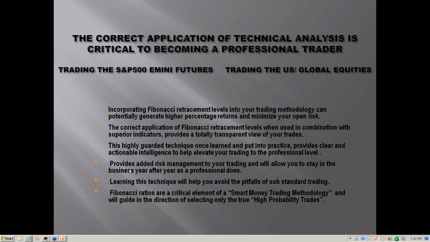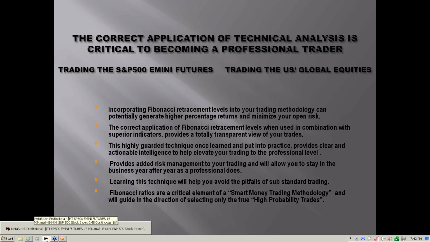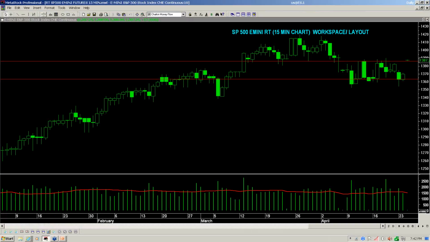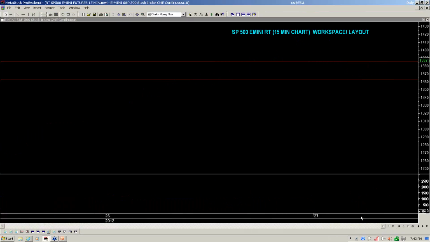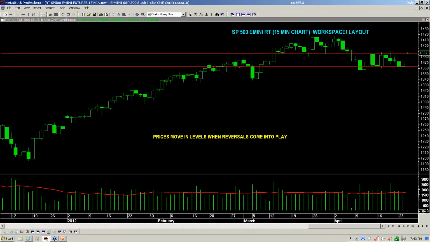There's a lot of information to cover, but it's all done in a sequential order. This is the thing, people. A sequential order so that you go through the process and are able to go from one level to the next level, to the next level, and the next level.